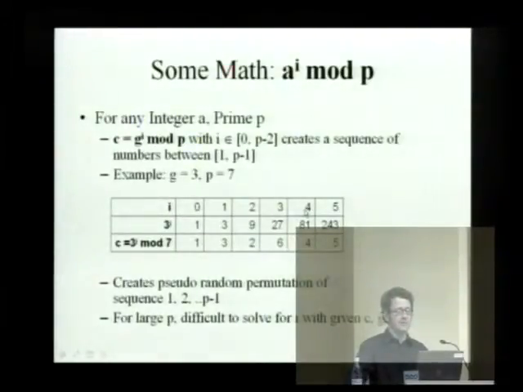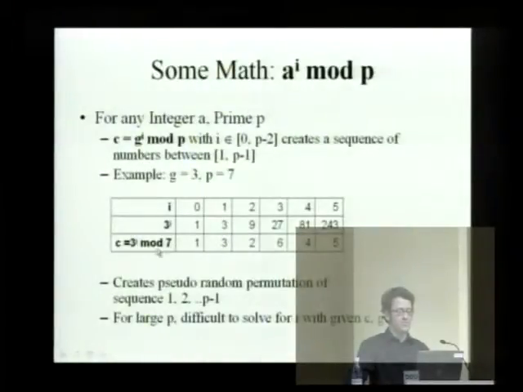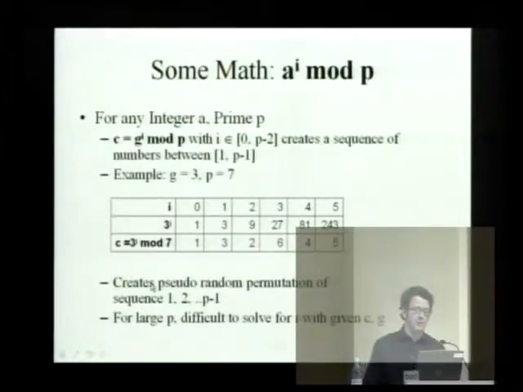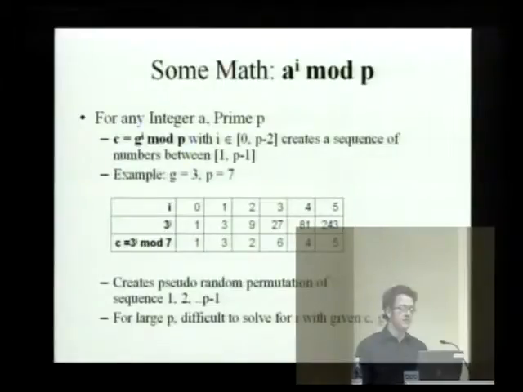So if g is 3 and p is 7, and i is between 0 and 5, then the values for 3 to the i are this, and if you do the modulo 7, then you basically get a permutation of your initial numbers. So it creates a pseudo-random permutation of your initial sequence. And for large primes, it's very difficult to solve for i with a given c and a given g.